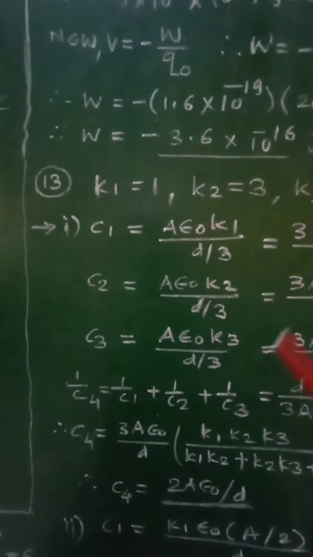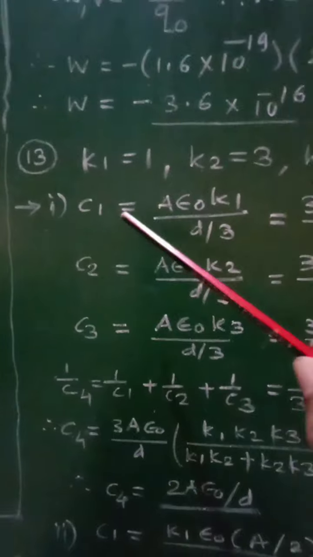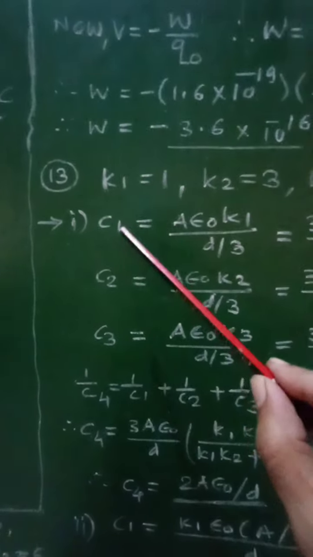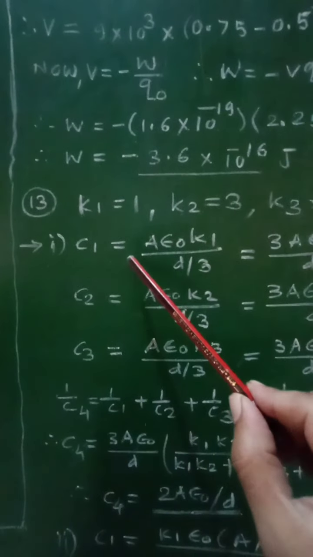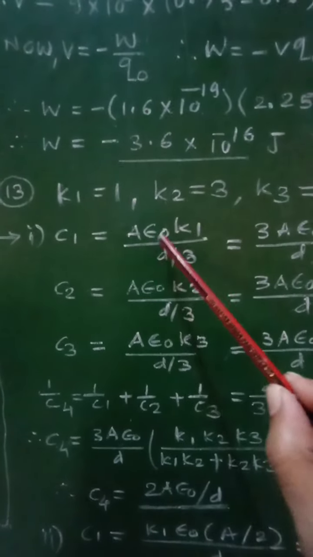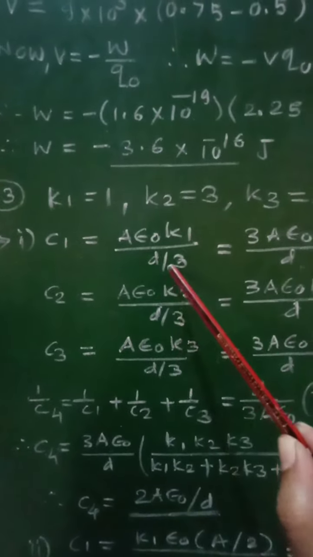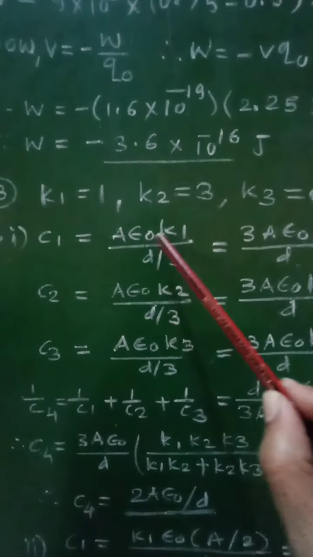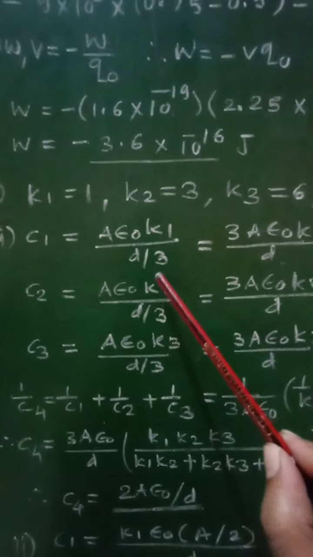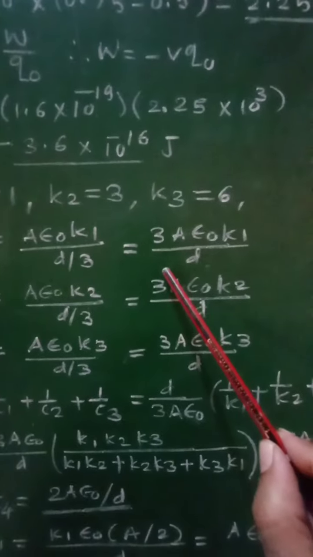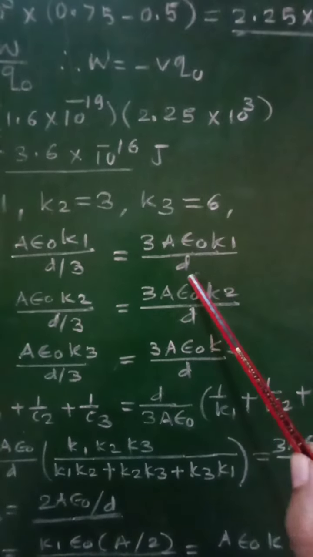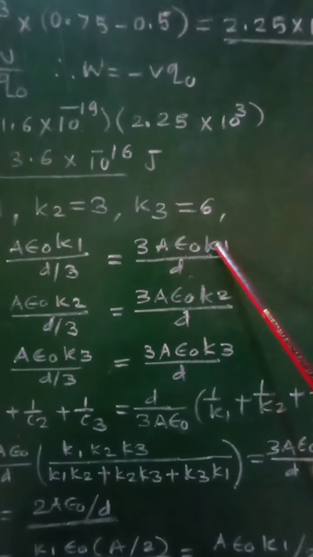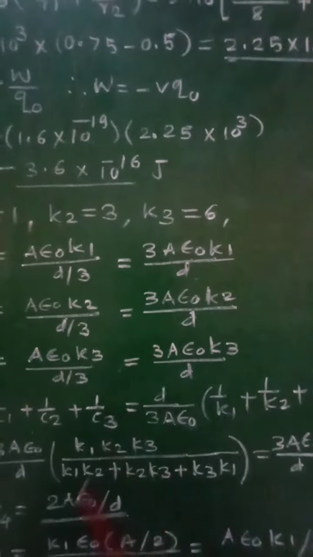And therefore, for the first case, C1, the capacity of the first capacitor, is A epsilon 0 K1 upon D by 3, which will be equal to 3A epsilon 0 K1 upon D.